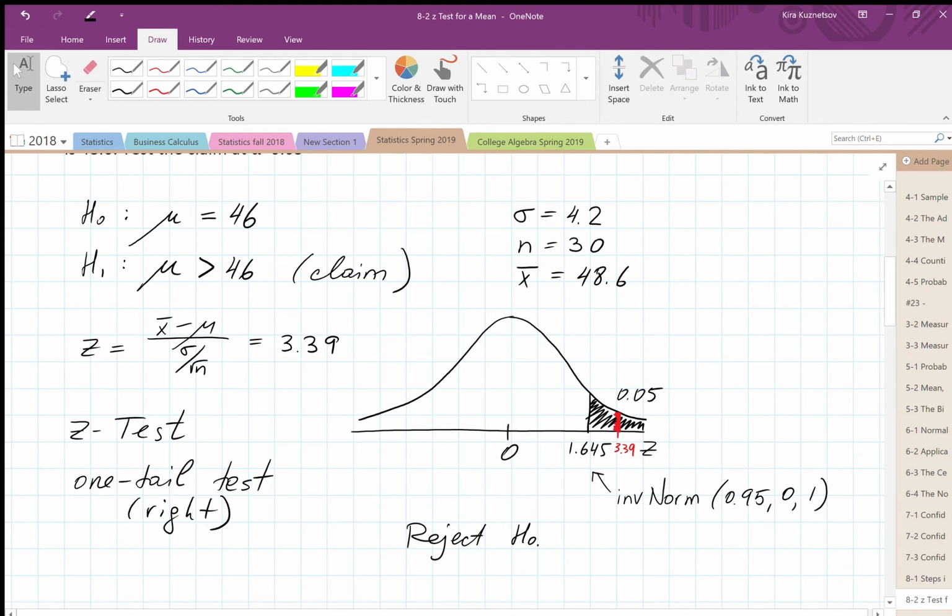you can then state, there is enough evidence to support the claim that the average age of the doctor in the system is greater than the national average of 46. This is what the book is stating. So if I manage to reject the null hypothesis, I am rejecting the null hypothesis in favor of the alternative hypothesis, which happens to be the claim.